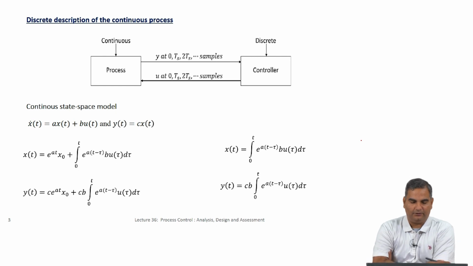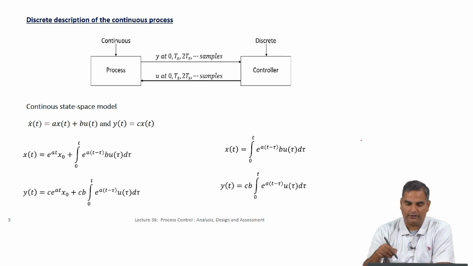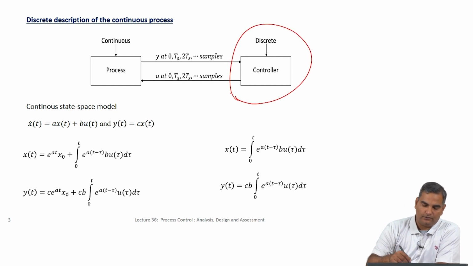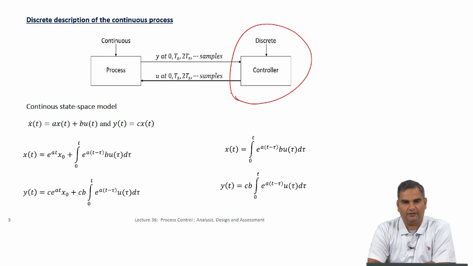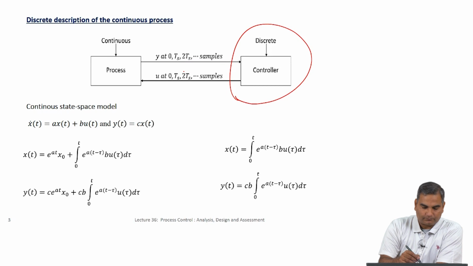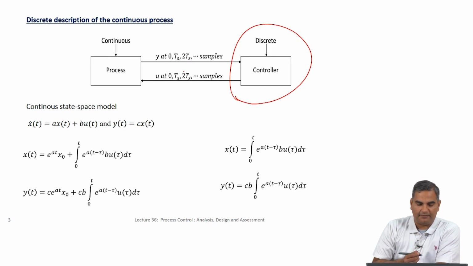Now, coming back to how you are going to relate the y's to the u's is the question that we have. Now that we have thought about the whole controller itself as a discrete controller, the model predictive controller, this is a discrete block, whereas a true process is really a continuous process. However, what we are saying is we are going to take samples at different sampling times. So, first sample at time equal to 0, the second sample at Ts, 2 Ts, and so on.